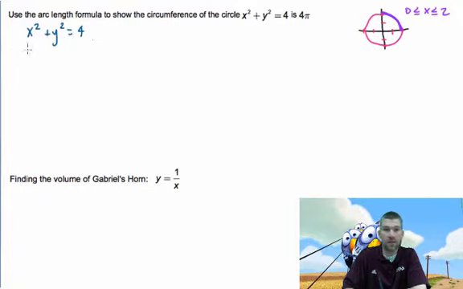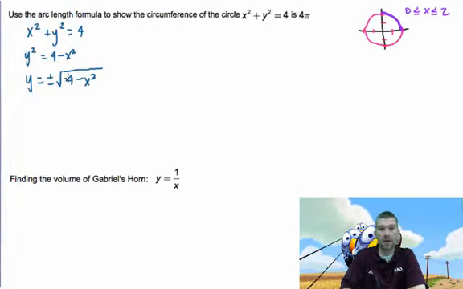Remember we're trying to solve for y, so we would have y squared is equal to 4 minus x squared, and then I take the square root of that. So the square root of 4 minus x squared is the equation that I would use to graph this. But we're only looking at the positive part, and we're only looking from 0 to 2.